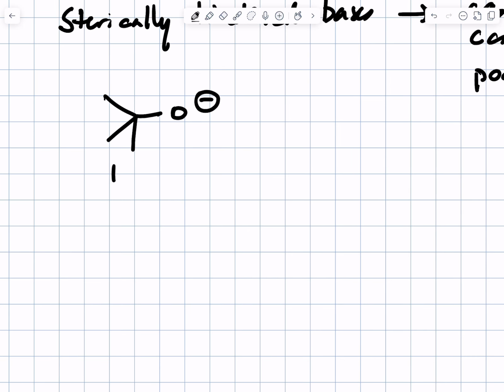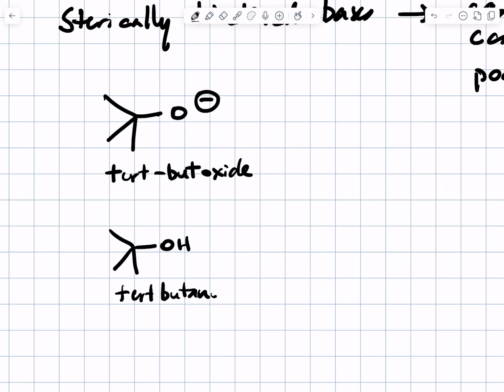We call this tert butoxide. It is the conjugate base of tert butanol, which is one of the isomers of butanol, tert referring to the fact that you've attached the OH to the tertiary carbon. Tert butanol has a pKa of 19.